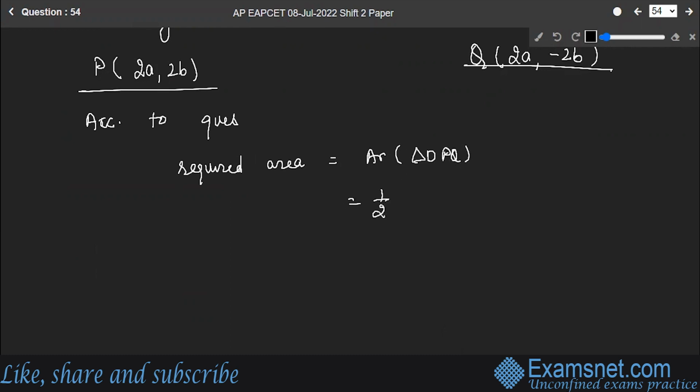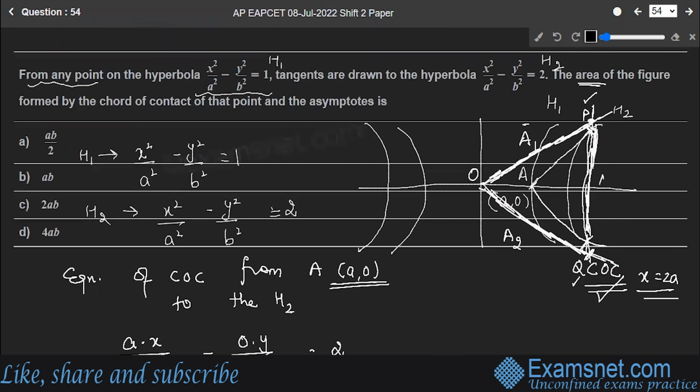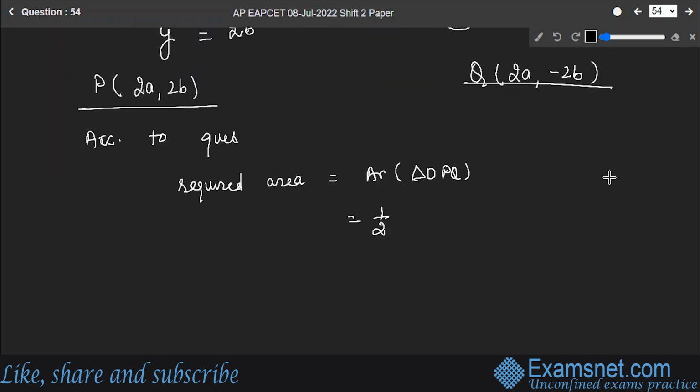If I'm taking this as M, this is the perpendicular. So this will be given by half into PQ into OM.